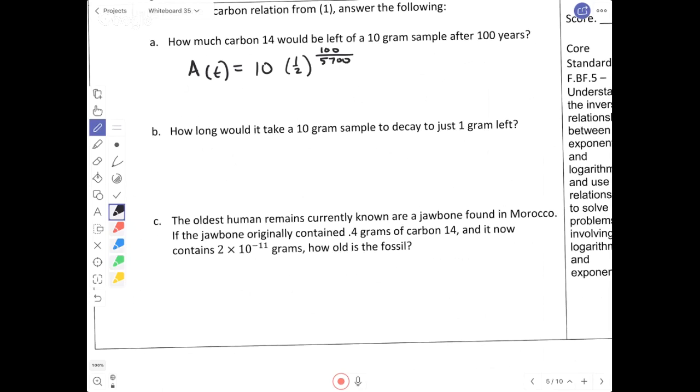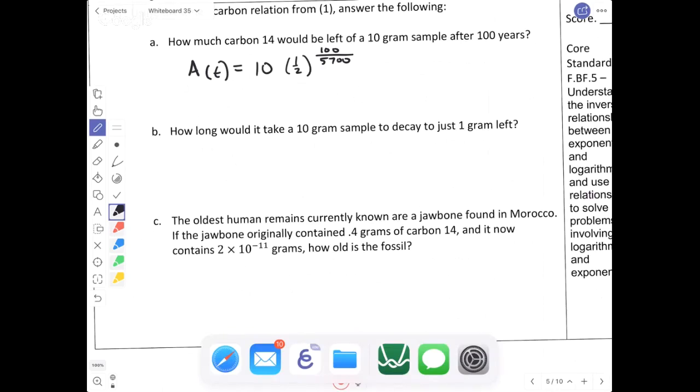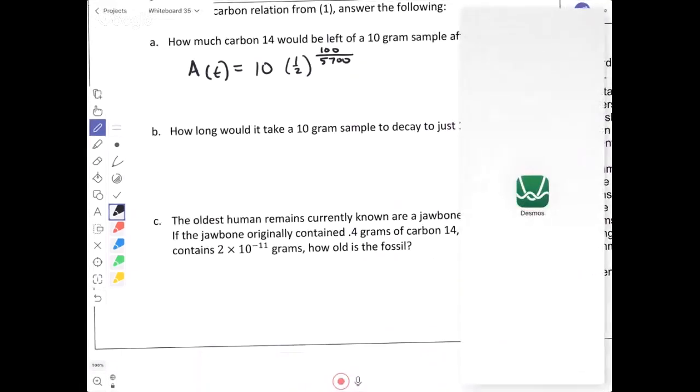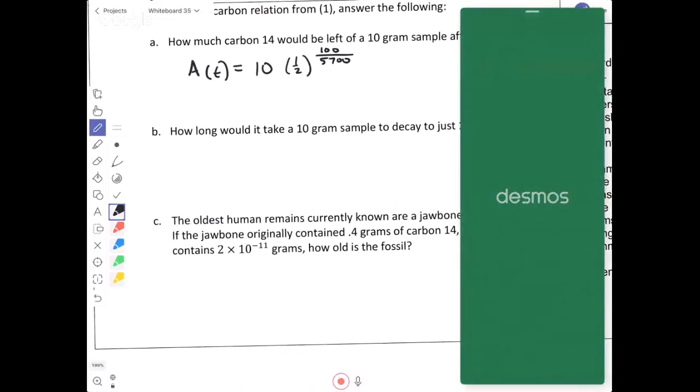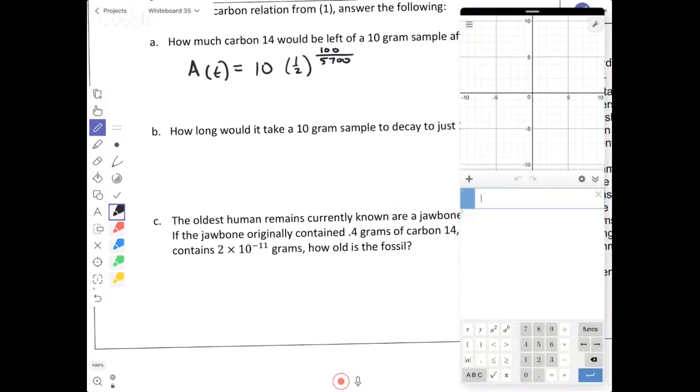So I'm just going to plug that into a calculator. Any scientific calculator could do this. I don't happen to have a scientific calculator on my iPad, but I want 10 times 1/2 to the 100 over 5,700. So 9.88 grams.